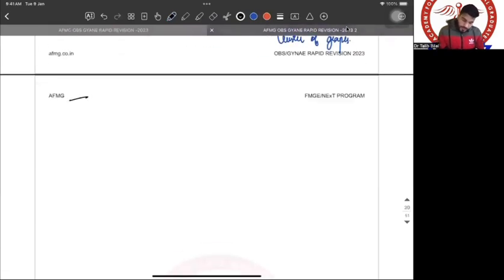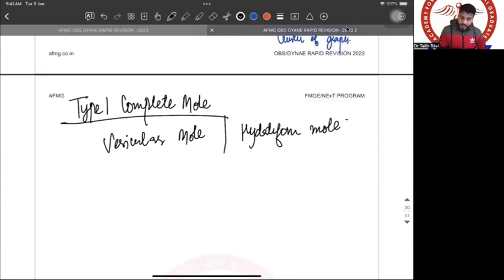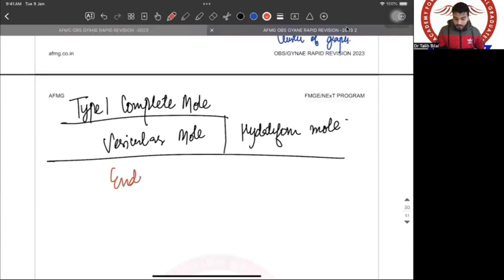This snowstorm appearance is seen in type 1 complete mole. It's also called vesicular mole, and you will also see hydatidiform mole. In type 1 complete mole, endoduplication occurs.